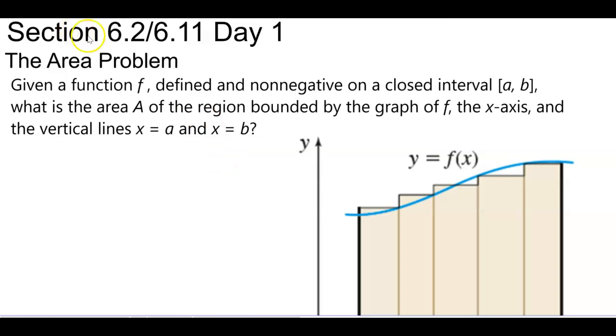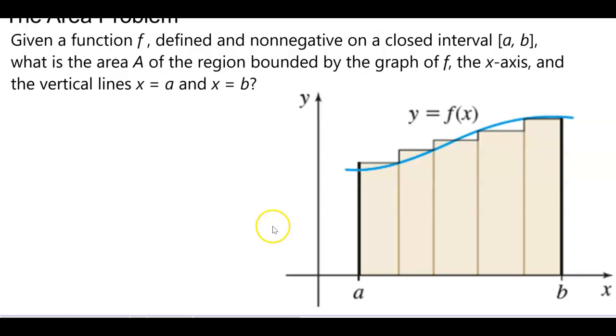All right, so we're going to look at section 6.2 and 6.11, day 1. It's called the area problem, and it's kind of our general approach for the next big idea in calculus. The area problem is defined here. Let's say we have a given function f, that's the blue curve here, and it's non-negative, so all these values are above the x-axis on the closed interval from a to b.